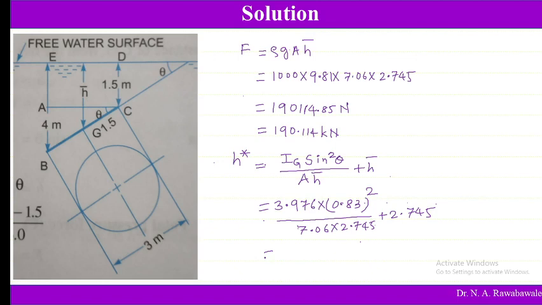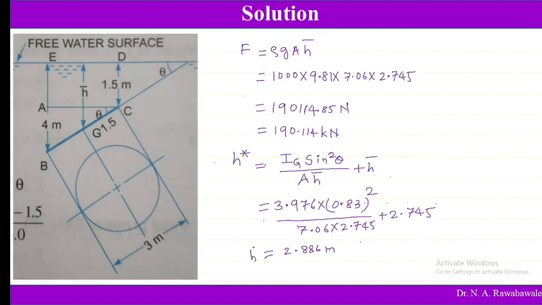3.976 into 0.83 square divided by 7.06 into 2.745, plus 2.745, that is 2.886 meter.